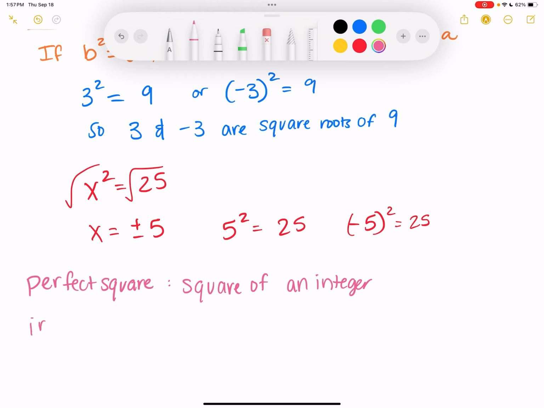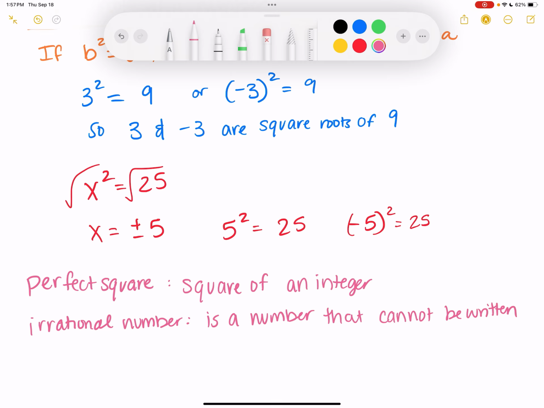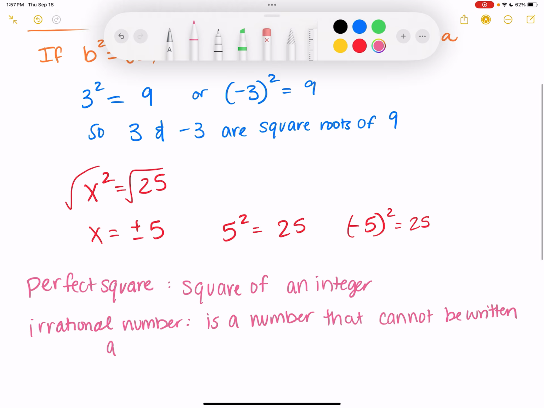An irrational number is a number that cannot be written as a quotient of two integers.